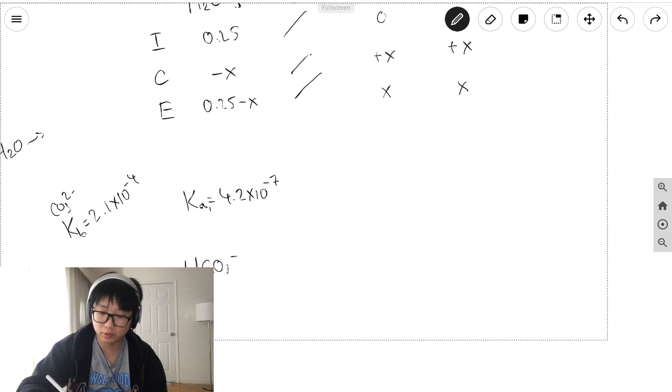So this is relating to that polyprotic problem that I told you about earlier. As I said, you don't need to do that for this one, because I think doing it the first time should get you close enough to the answer that you need already.